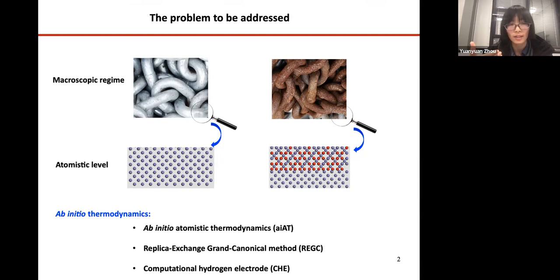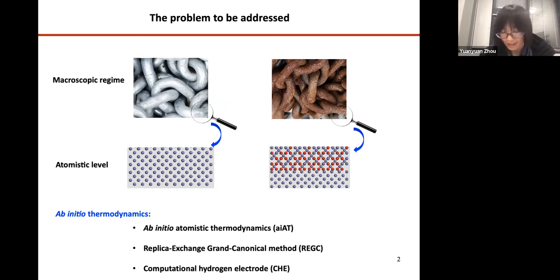So we are interested in the atomic level, so that we know what happens there to help improve the microscopic level. The method to be introduced is, I think Professor Hoyt already gave a wonderful talk about ab initio atomic thermodynamics.